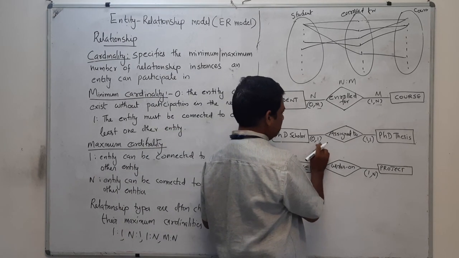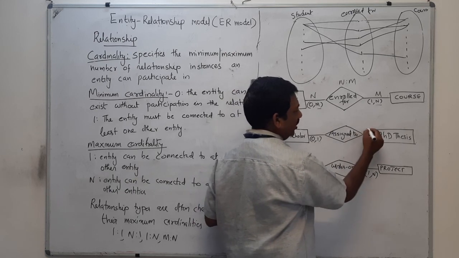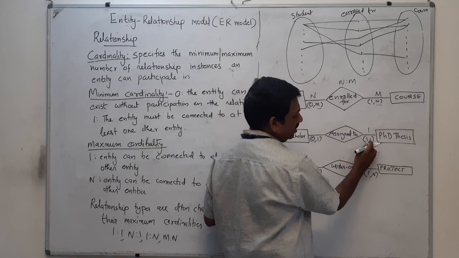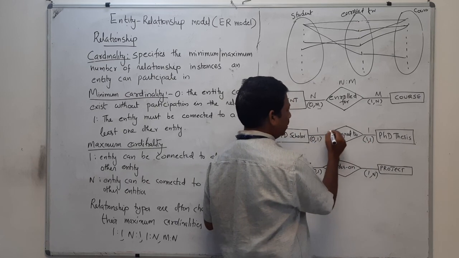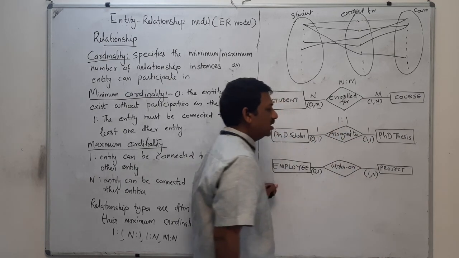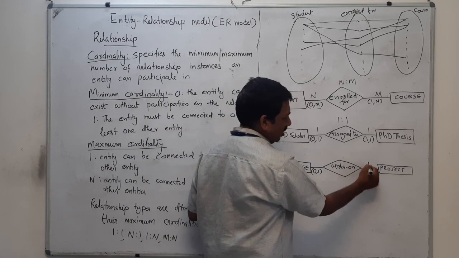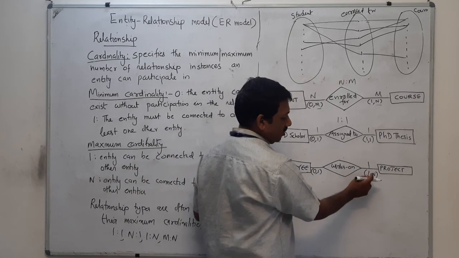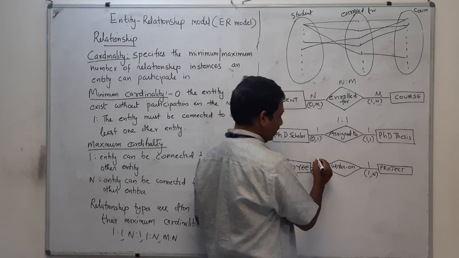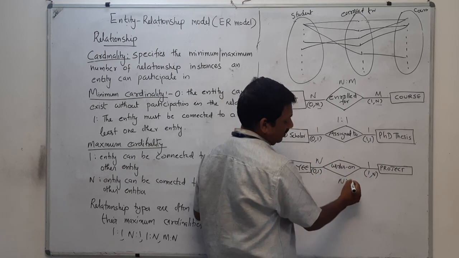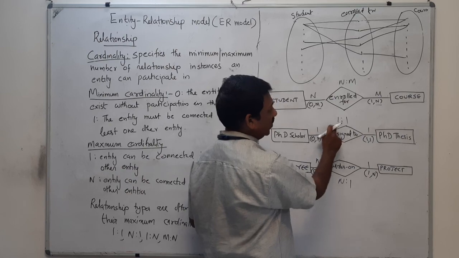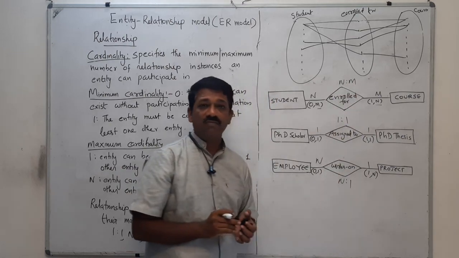Here what is the maximum value? 1, and you have to put that here. This is maximum value 1 that you have to put here. That is why this is a 1:1 relationship. Here the maximum value is 1, that you have to write here. What is the maximum value here? N. That means this is an n to 1 relationship. This is 1:1 and this is an n:m relationship.